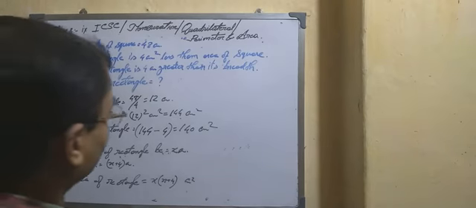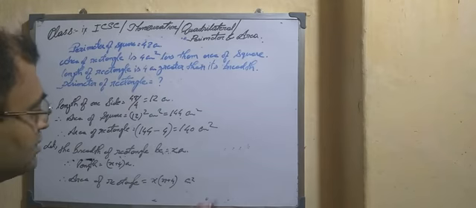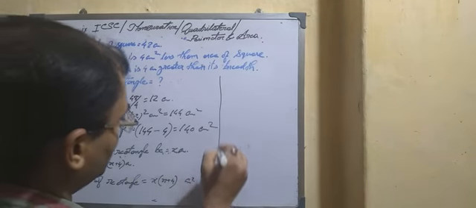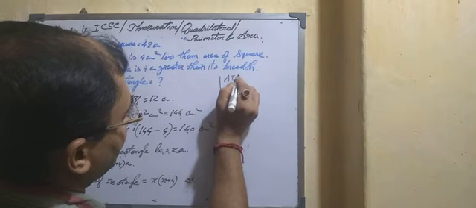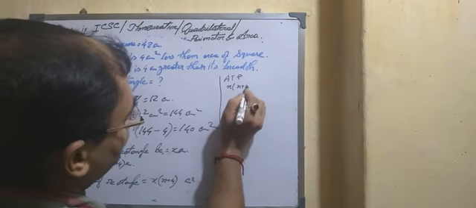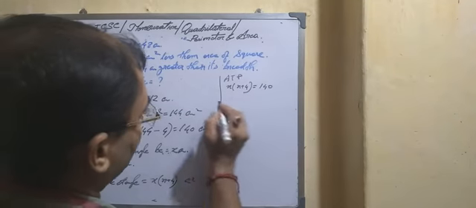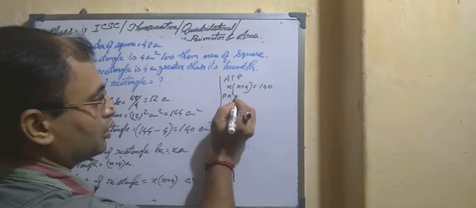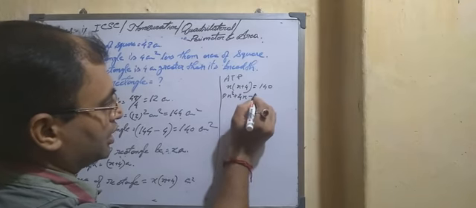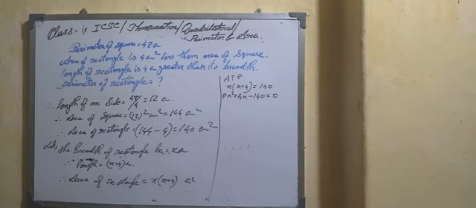Now according to the condition that this is equal to this, so we can write according to problem, x into x plus 4 equal to 140, x square plus 4x minus 140 equal to 0.